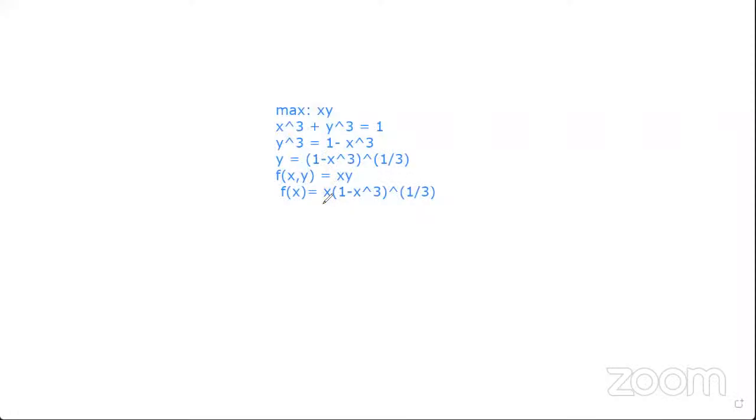We have f of x equals x into (1 minus x cube) power 1 by 3. Let's say you did f dash of x equals 0 and solved for it, and you got two different x values as a solution for f dash of x equals 0.